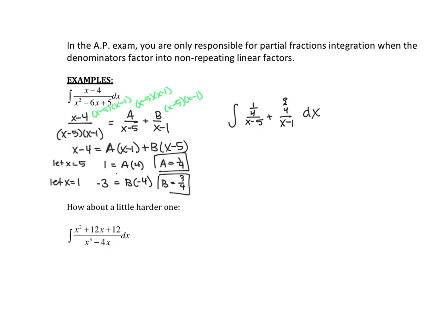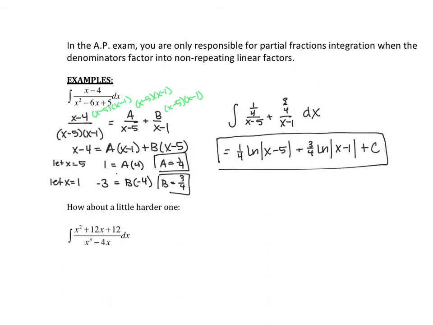If you can look at this and see the pattern, that's okay too. And so my integral of this would be 1/4 times the natural log of the absolute value of x minus 5 plus 3/4 times the natural log of the absolute value of x minus 1 plus c because it's an indefinite integral. All right, how'd you do?